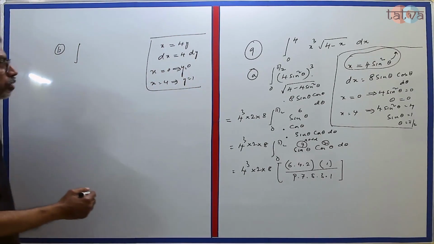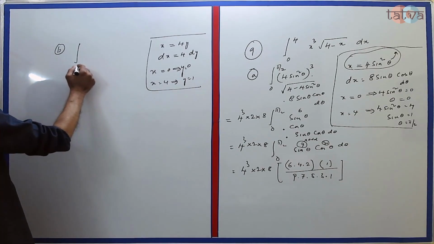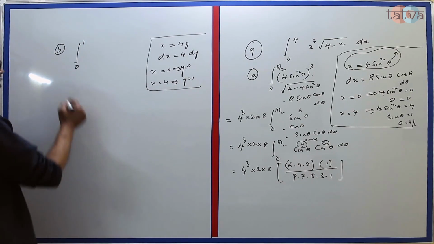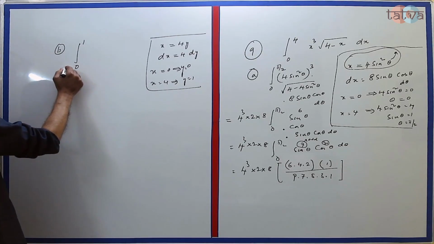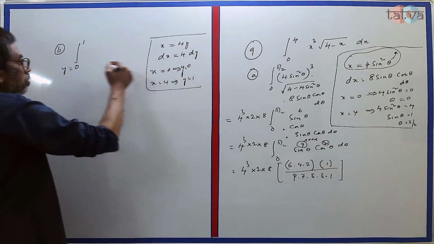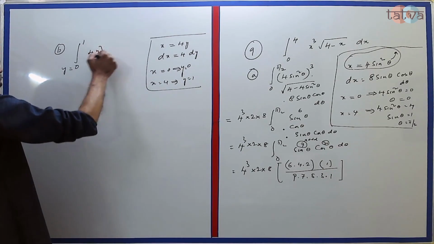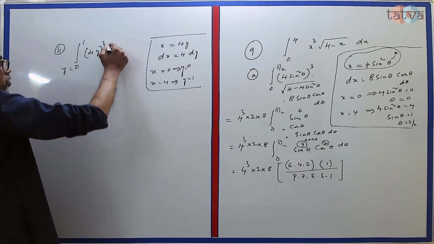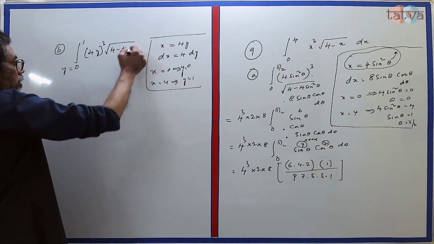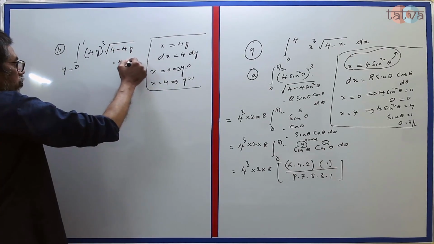So the same problem will look like this, 0 to 1. What I mean is the new limits y is equal to 0 to 1. x cubed would become 4y cubed into 4 minus 4y into 4dy.